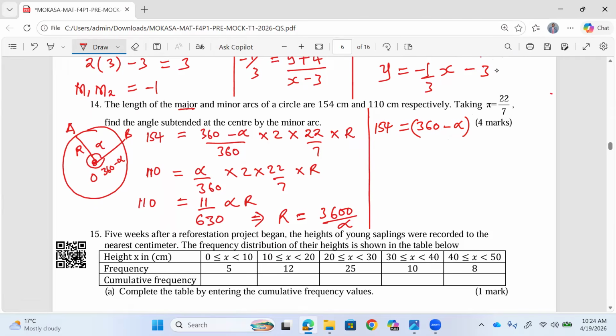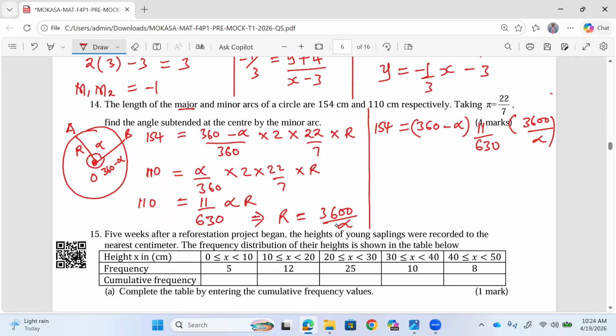Then first I pick 2 by 22 divided by 7 times 360. I'm having 11 over 630 times r. So instead of r, now we introduce our 3600 over alpha. Yeah, instead of r in equation 1, we substitute with this.